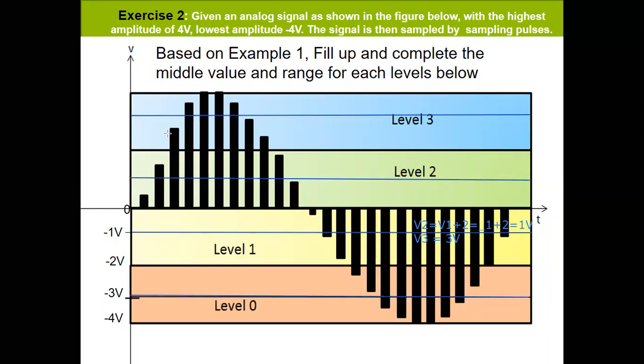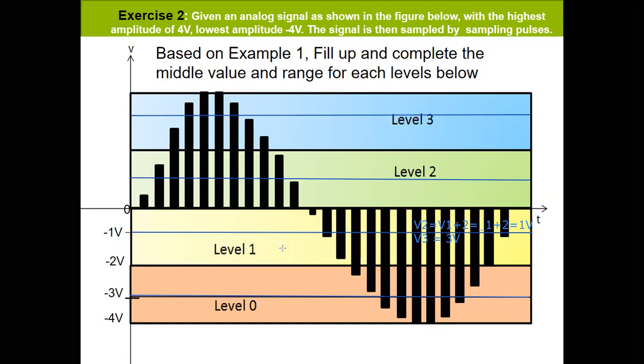So if a sampled value is within this range, we estimate the value as 3. This one also 3, this one also 3, all of these 3. Whatever the sample value within the range 0 to 2, it will be level 2, and all these values will be approximated to 1 volt.